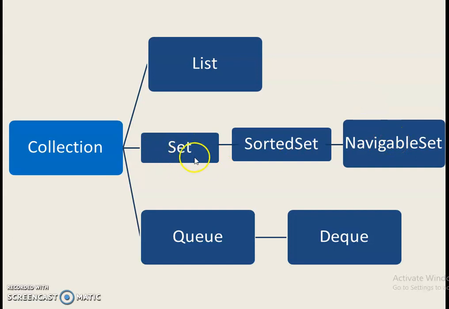Here we have the Set interface, and this interface is extended by another interface, that is SortedSet. This SortedSet interface is further extended by NavigableSet. So this is the hierarchy. The next interface we have is Queue, and this interface is extended by Deque.